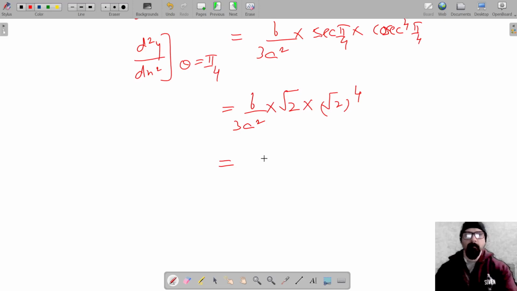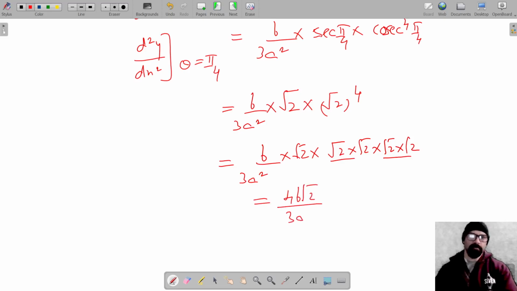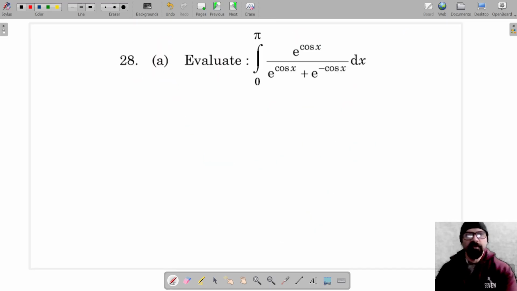So this is now b upon 3a square into root 2 raised power 4, which means root 2 into root 2 into root 2 into root 2. So 2 2s are 4, and this gives us 4b root 2 by 3a square. So 4 root 2 b by 3a square is the second order differentiation at theta is equal to pi by 4.